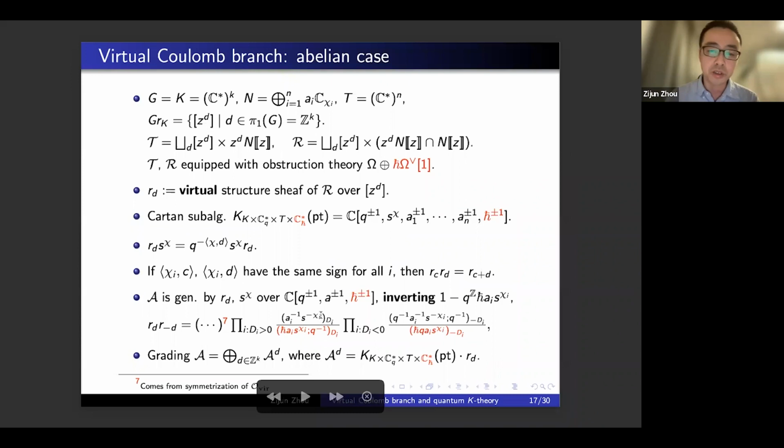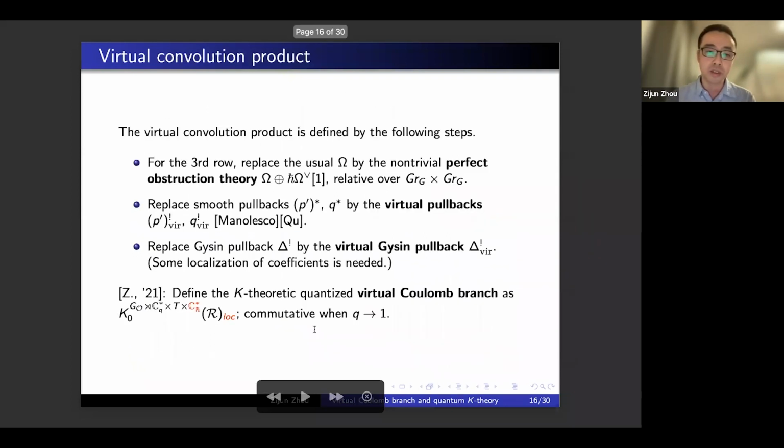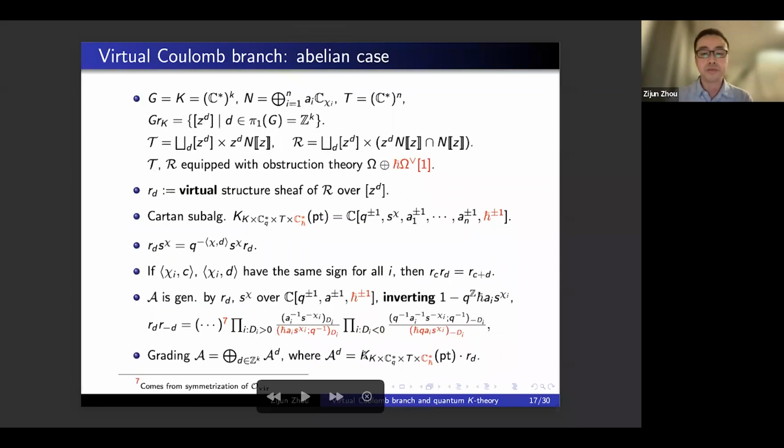And for the Q's in this polynomial symbol, you invert them to Q inverse, and you get this denominator. And you also put in this non-trivial equivariant parameter H bar, then you get this relation. And you see that the right-hand side lies in the localized version of the K theory. It's not in the original K theory.